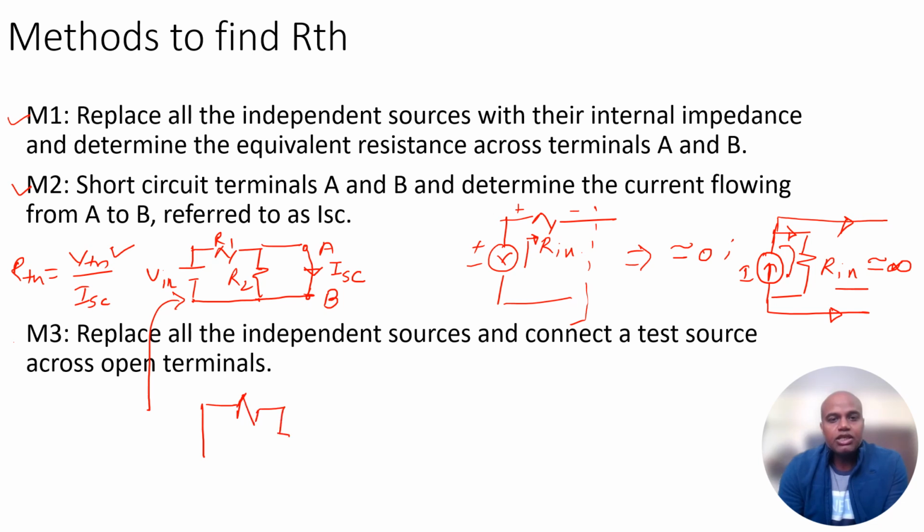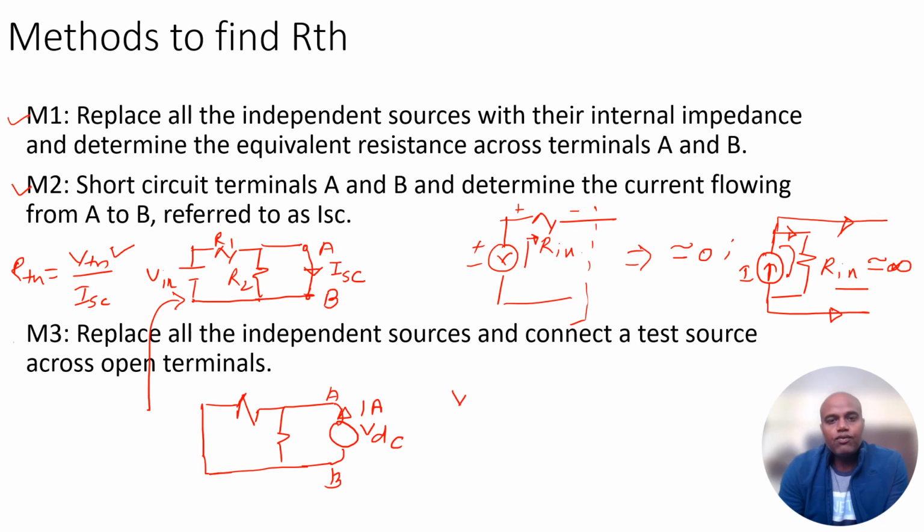For the rest of the circuit, to find RTH, we can apply a test voltage across terminals A and B. Let's name this terminal voltage VDC, and assume that this voltage source is giving 1 ampere current in the circuit.